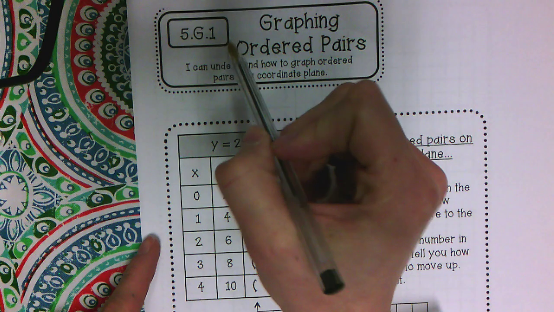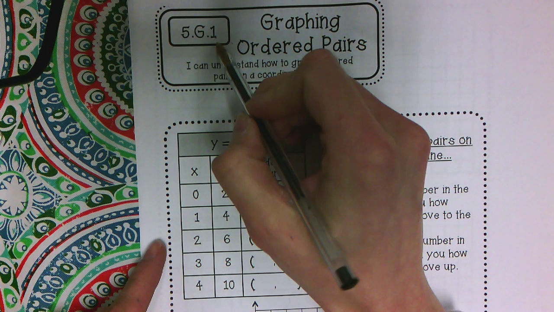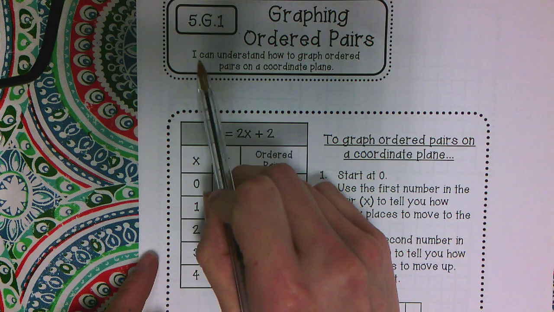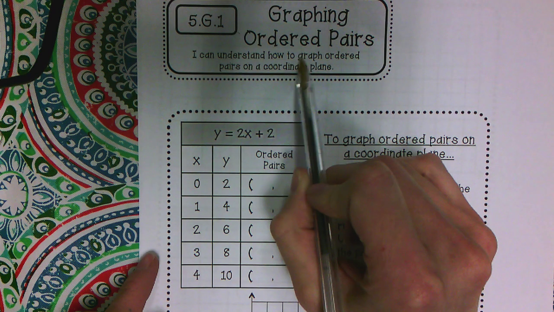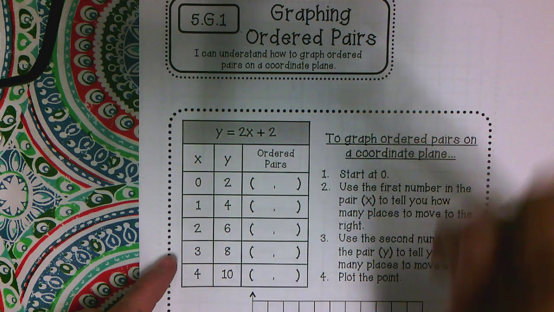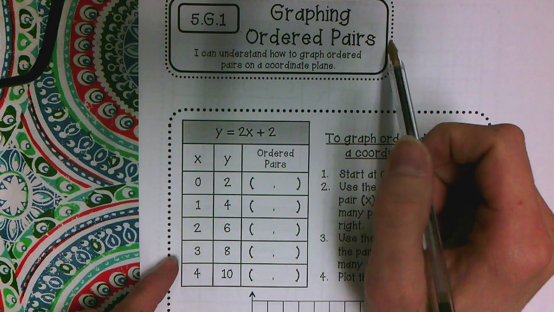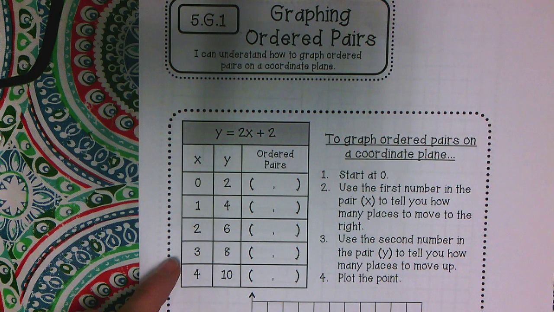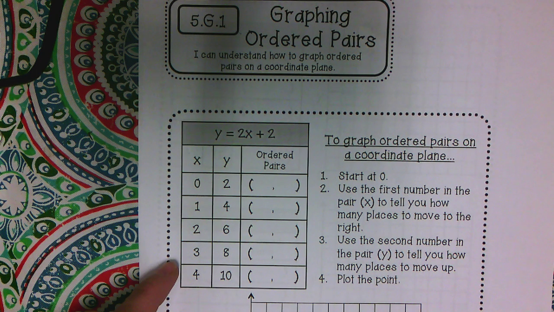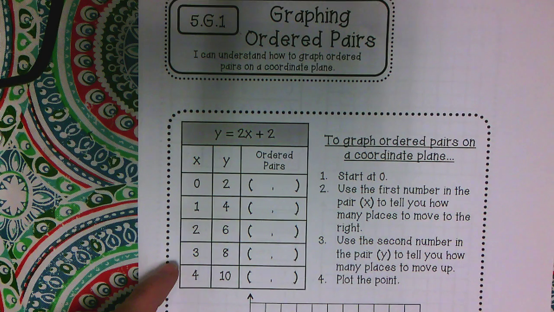This is the standard that we're going to be working on, 5G1, this is geometry, and our learning target for today is I can understand how to graph ordered pairs on a coordinate plane. So you can go ahead and cut this out as well and glue it into your math notebook. So right now would be a great time to pause the video, cut these out, get them glued, and then come back to the video.